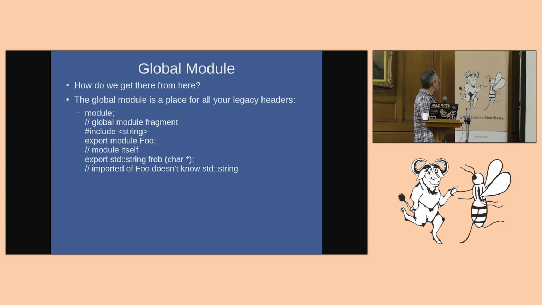Okay? So I can export std string from jar, and then the users of this somehow will know about string as a type, but they don't know about it as a name because I haven't actually exported string, because I can't. If they want to manipulate this type in any way other than use auto, they will have to hash include string as well in some way. Okay?